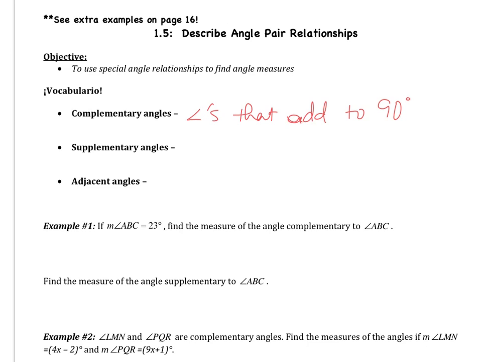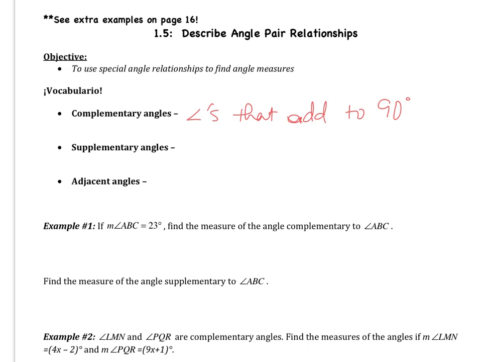30. If I said I had an 89-degree angle, what's its complement? 1 degree. If I had a 45-degree angle, what would its complement be? 45. Well, 45 plus what is 90 is the question.